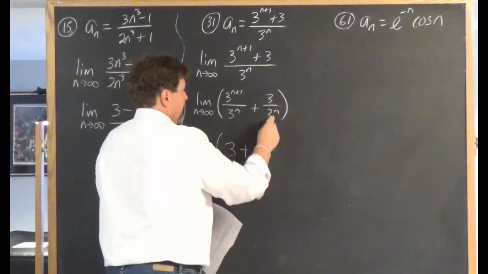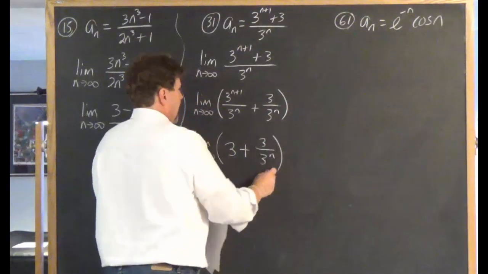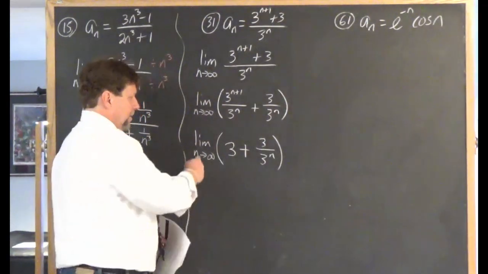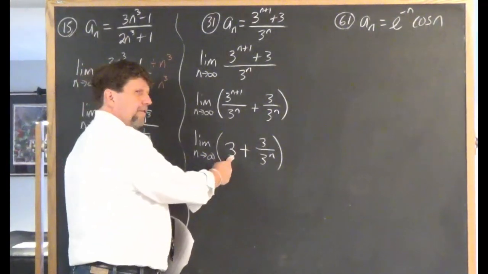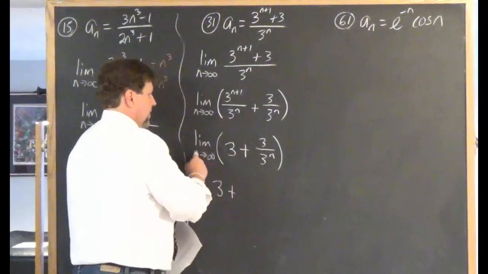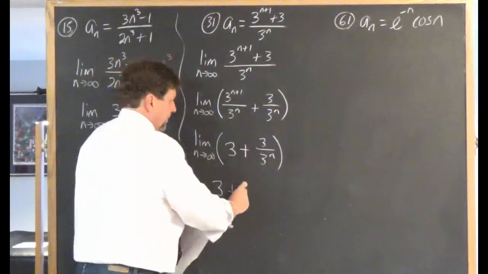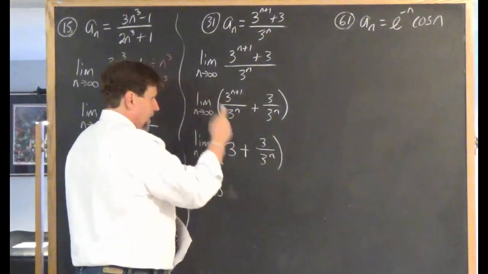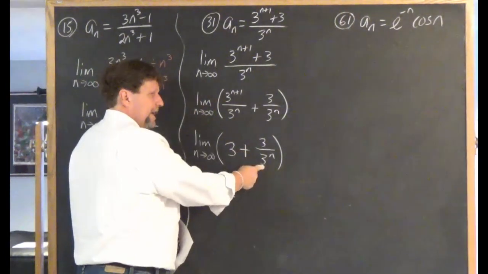And I'm going to leave this alone because I think now I can use old familiar limit properties to get the limit. The limit as n goes to infinity of 3 is 3. Now the limit as n goes to infinity of 3 over 3 to the n.